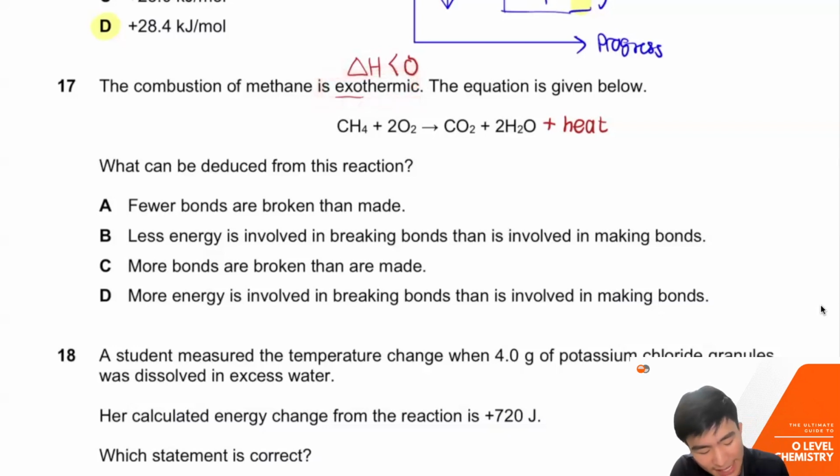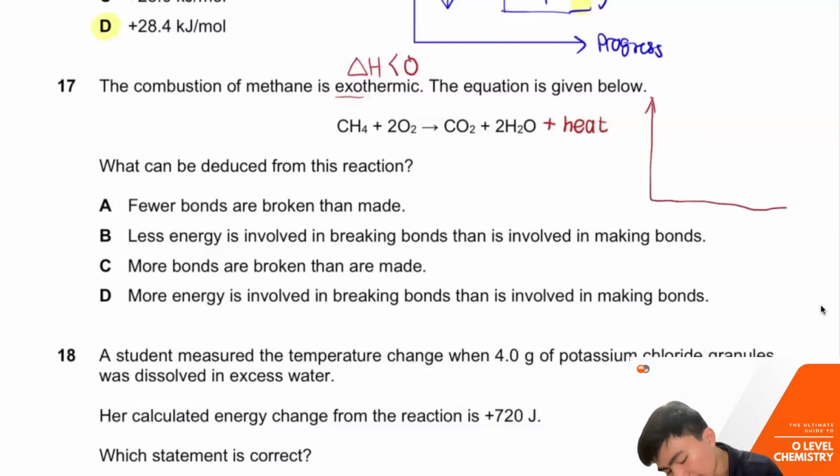In this case, we are going to illustrate on an energy profile diagram. This is an exothermic reaction, which means it's going to look something like this. I'm going to write out my P and R again. On the left are my reactants, on the right is my product.